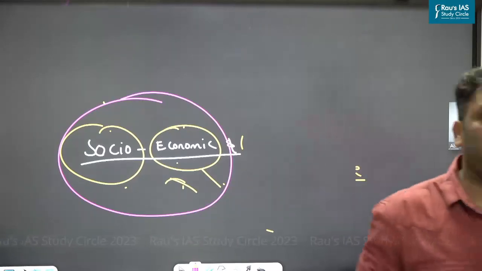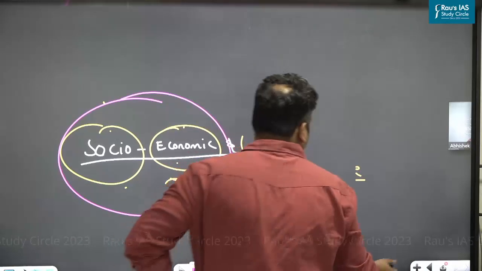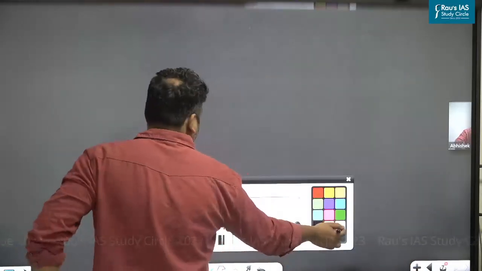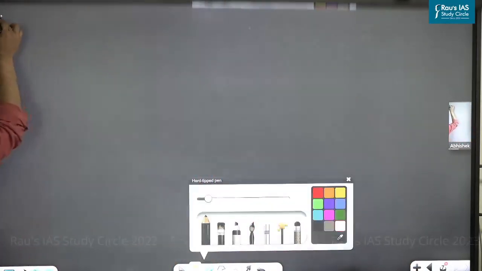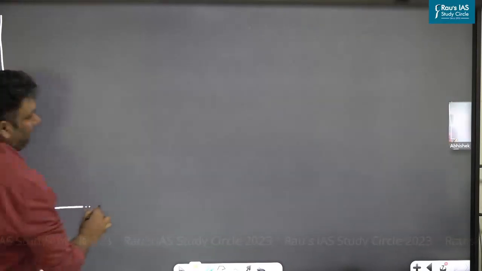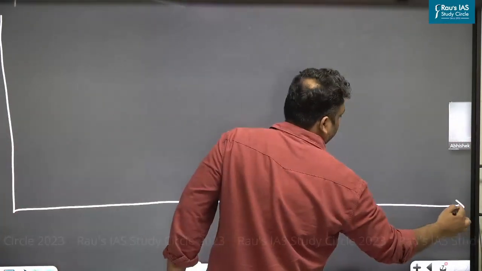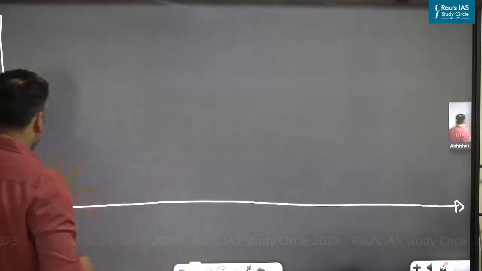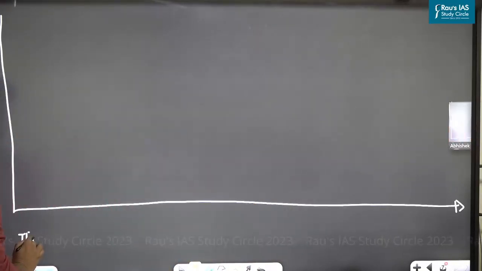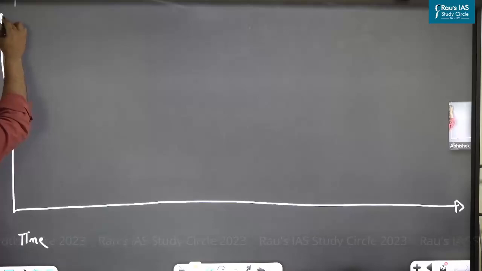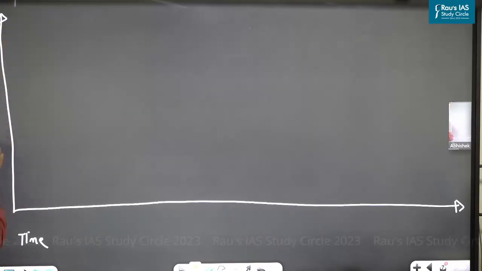Now let's draw the graph here. So this is the timeline, and this is the birth rate and death rate.